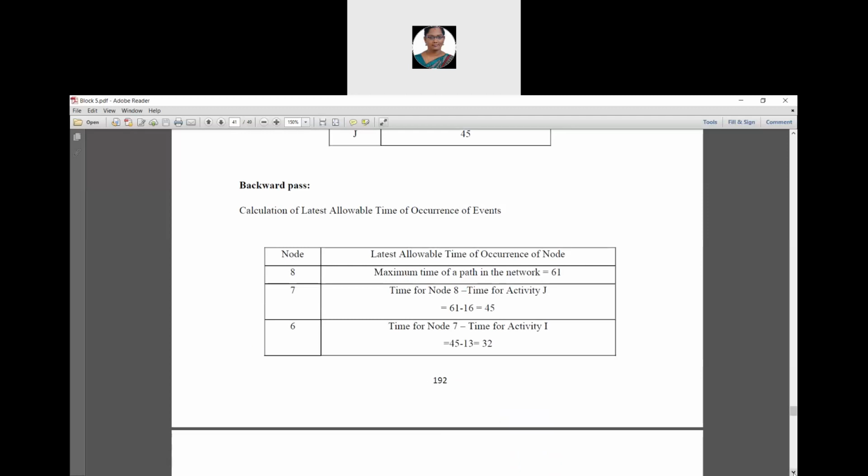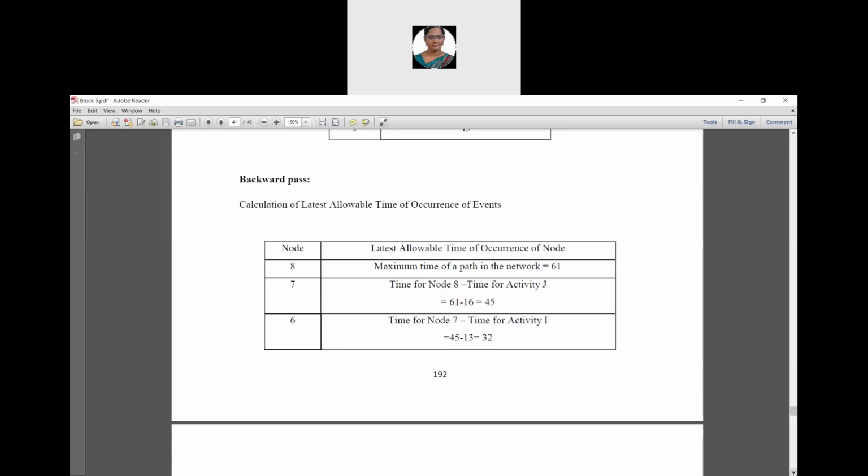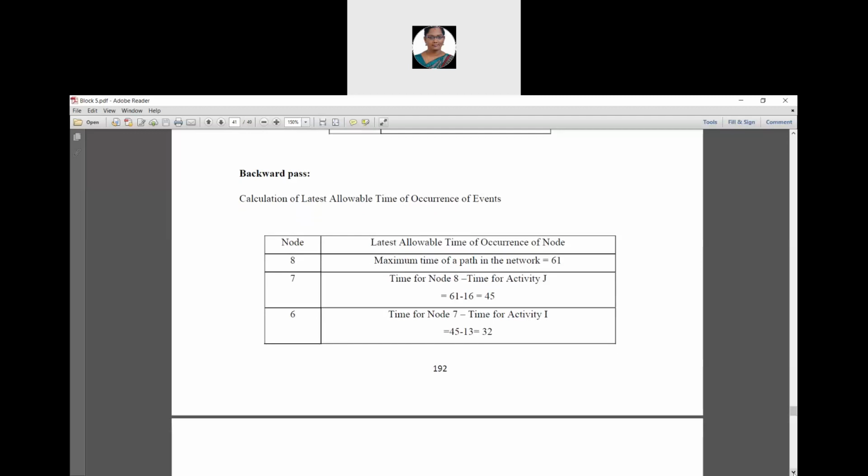Next, backward pass. This table shows the calculation for latest allowable time of occurrences of event. So it is a backward pass, right? So we have to start from the ending node 8 to the starting node 1. Keep that in your mind. For node 8, maximum time of a path in the network is 61. It remains the same. And for node 7, here we have to find the difference between latest finish value and the duration value.